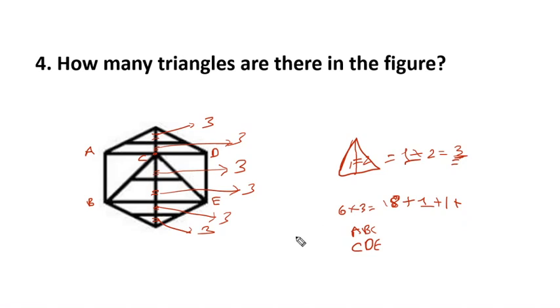Any other triangles? If I take the point F here, CDF, similarly plus 1. Then CEF, plus 1. So 18 plus 4 triangles. So total there are 22 triangles in this particular diagram.